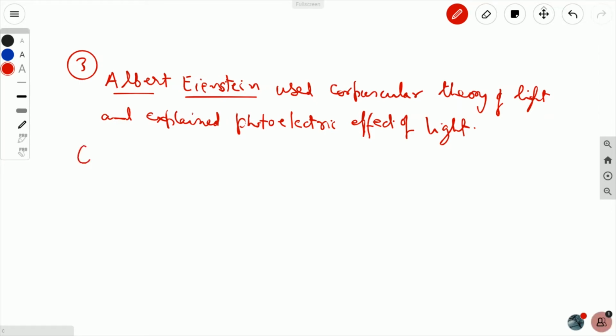Now the last one, the quantum theory of light. What is the quantum theory of light? Very, very important.